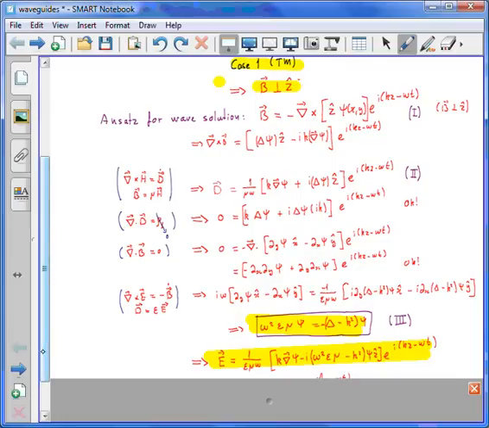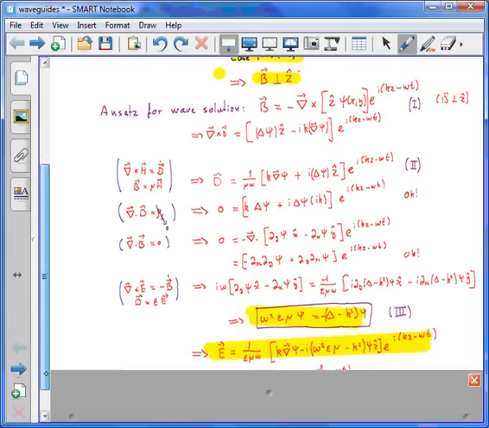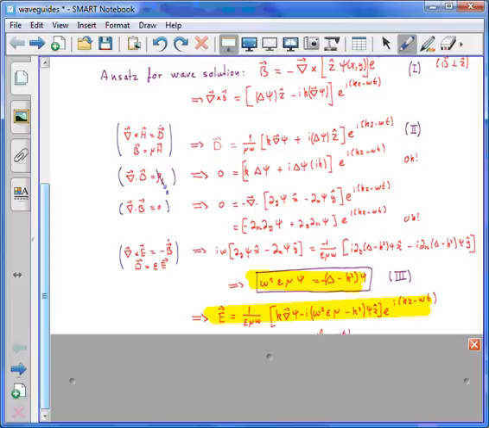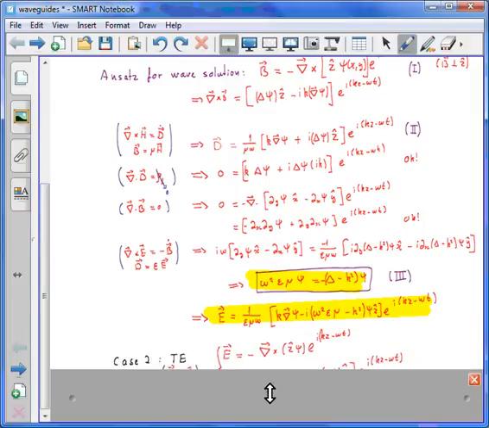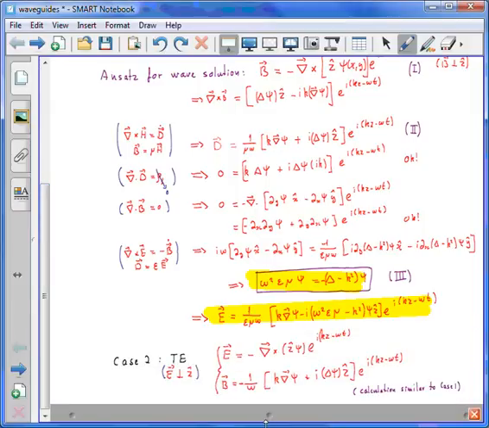So the next step is to look at case number 2, which is basically the case where the electric field is now perpendicular to Z and not the magnetic field. And this is the transverse electric field.